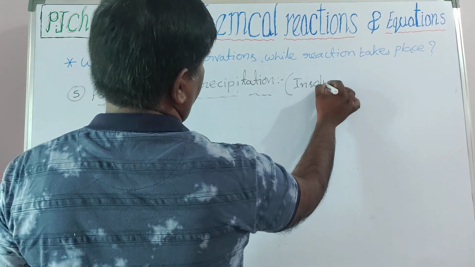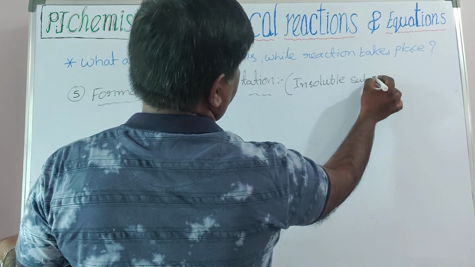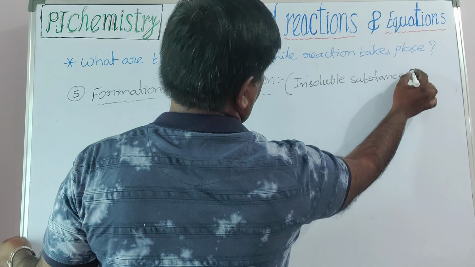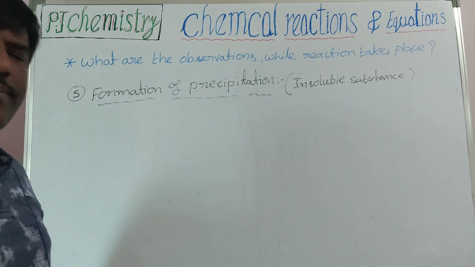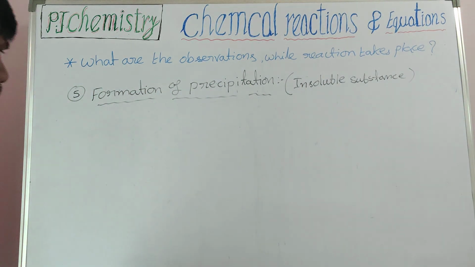An insoluble substance formed in the product is called formation of precipitation.